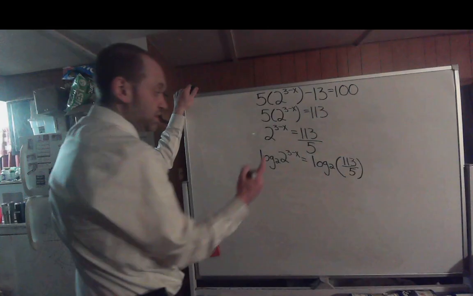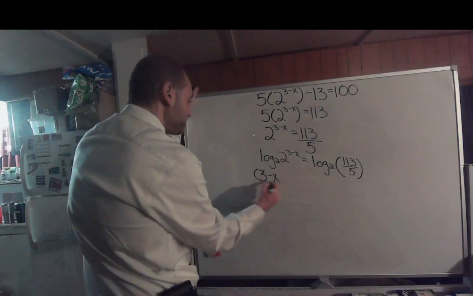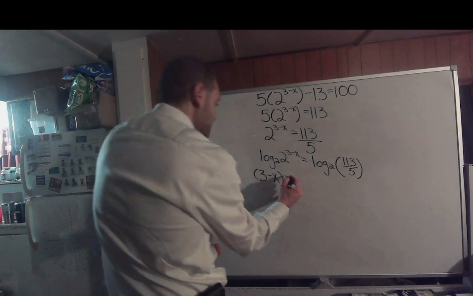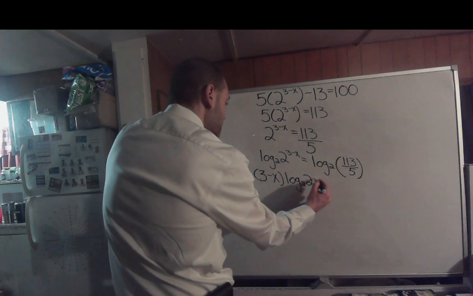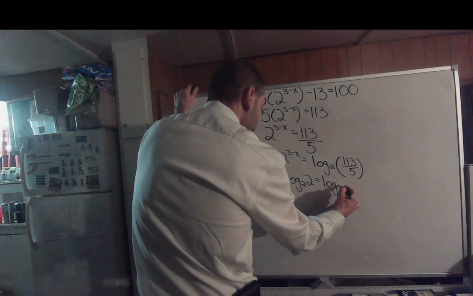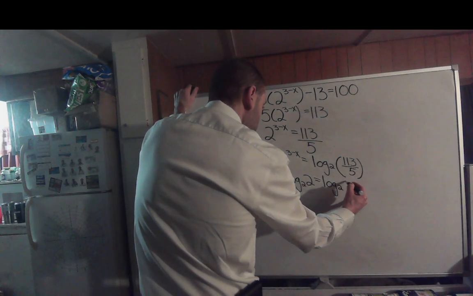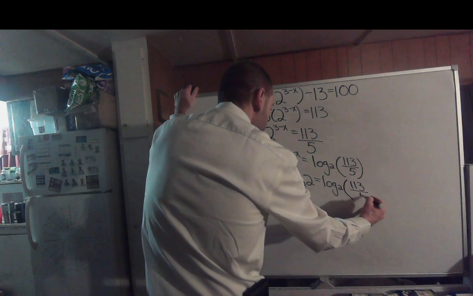So on the left side, this would become 3 minus x times log base 2 of 2, which would equal log base 2 of 113 over 5.